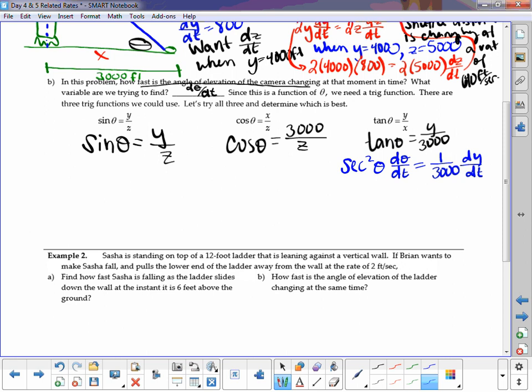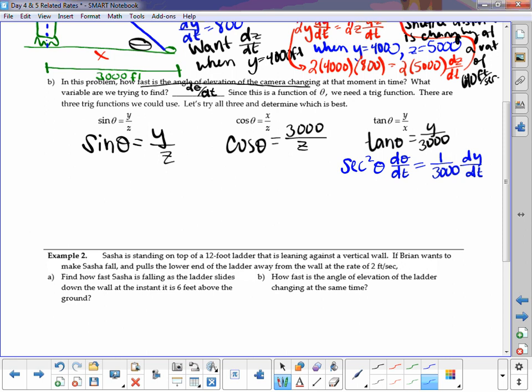This 5,000 is coming from when y is 4,000. So this is our generic scenario, and then we're pausing the clock the moment that the rocket is 4,000 feet off the ground. We're saying at that one time. Does that make sense? Are we good with this derivative here?